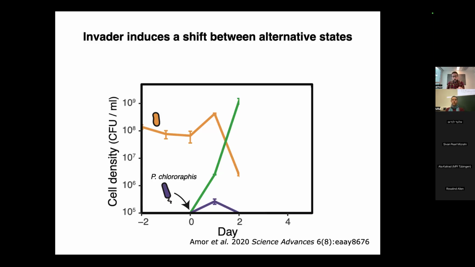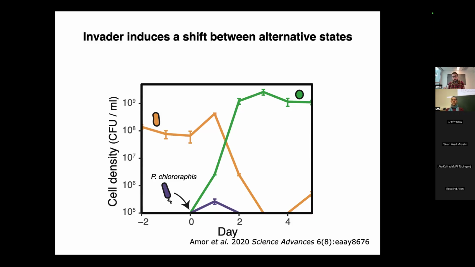So eventually what we have is some sort of temporary or transient invasion of Pseudomonas, because just 2 days later, it starts going down towards extinction. But this passage of the microbe influenced the competition between the resident two species that we had.